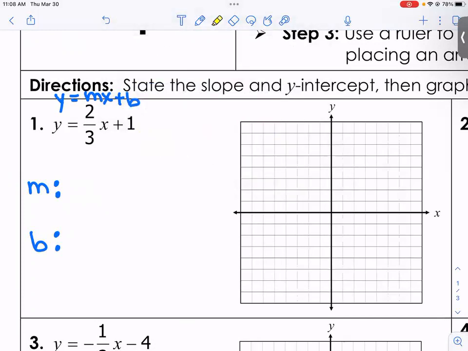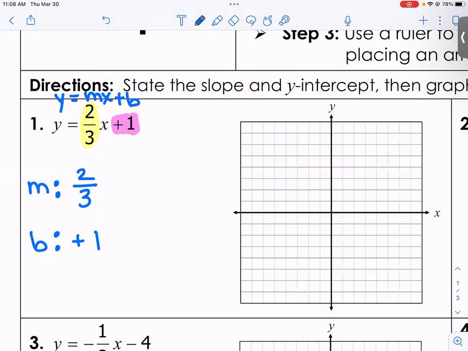What number represents m? 2/3. Our slope is 2/3. Okay. And then our y-intercept is whatever that plus number is or minus. So I'm going to write that my y-intercept, our b, is +1.